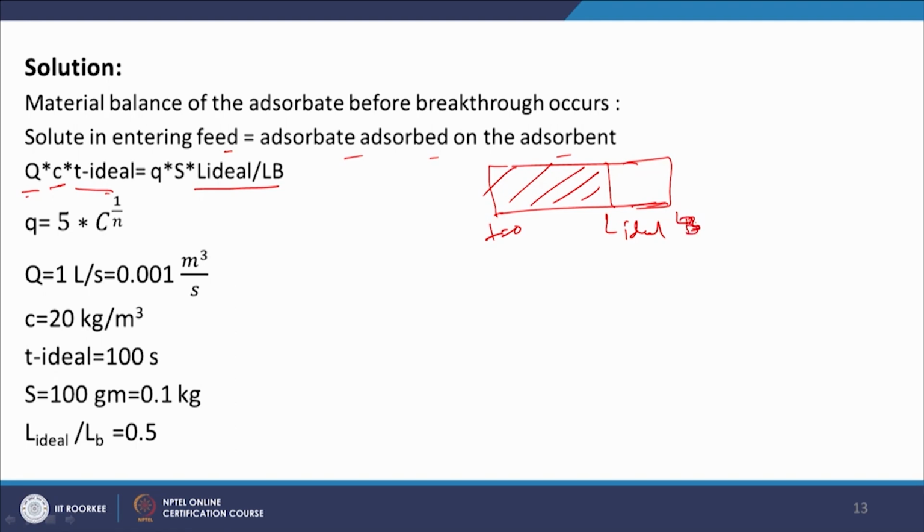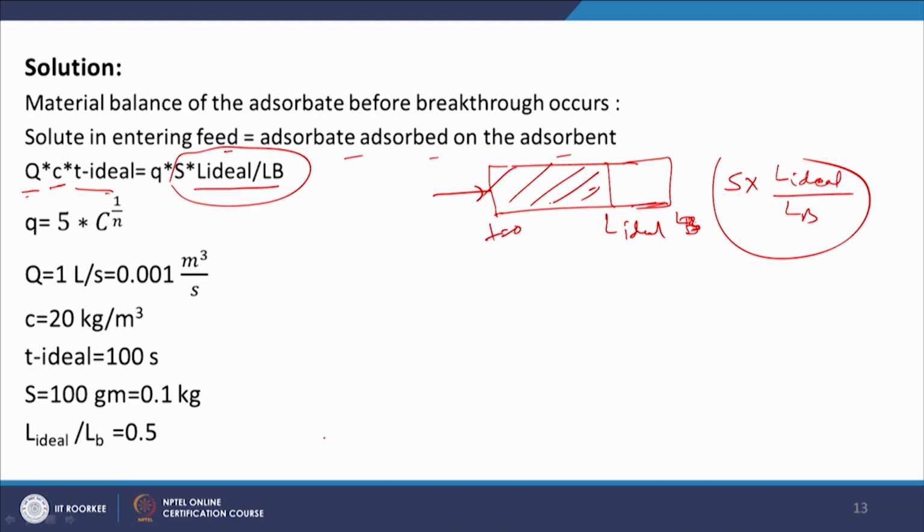If total material S is present, the material present in this part will be S into L ideal divided by L b. So, this term is the material present, multiplied by q, the specific uptake. That is the adsorbate captured by this material, and that amount of adsorbate has entered into this bed, that is Q C T ideal.